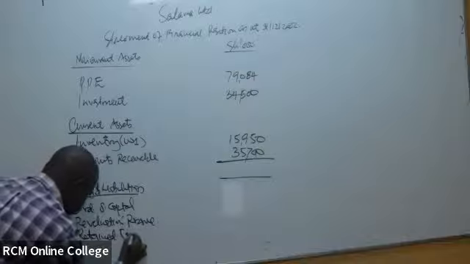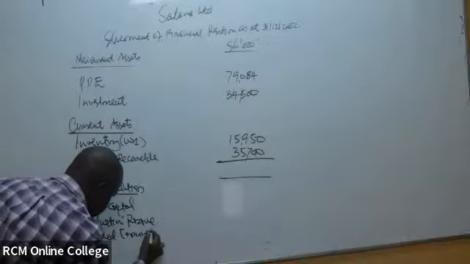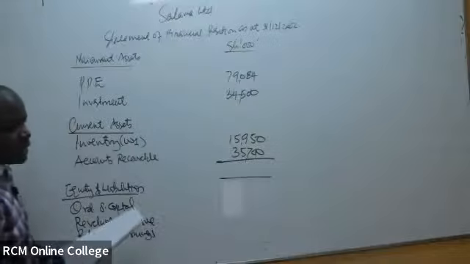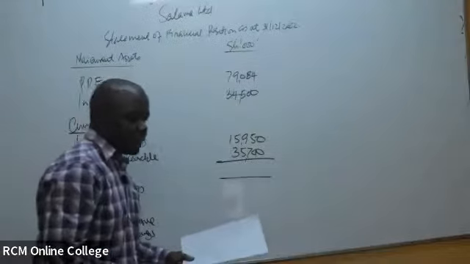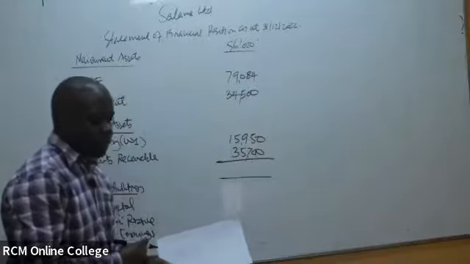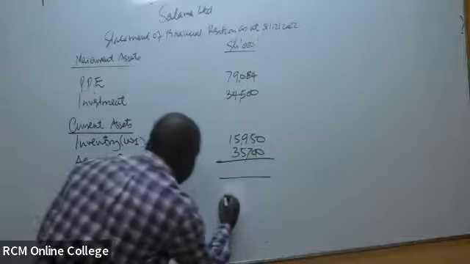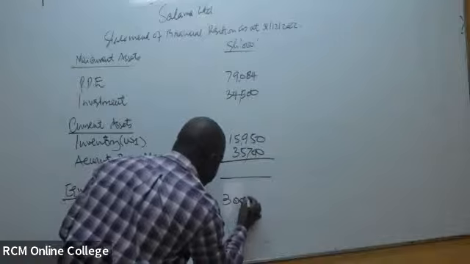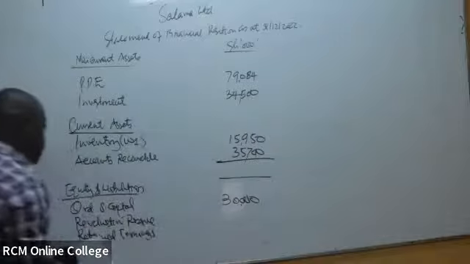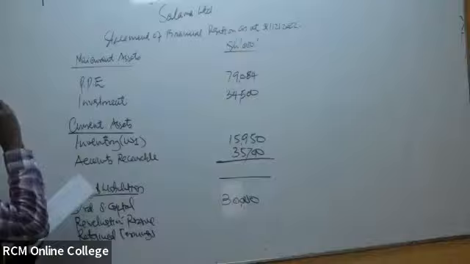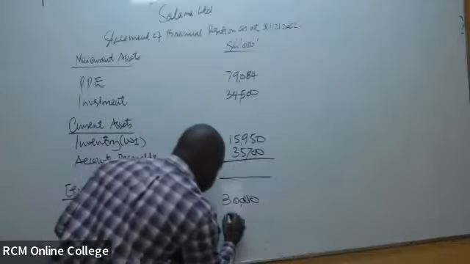For the ordinary share capital, what was the figure? Is it 30 million? It was 20 plus 10, 30 million. Revaluation reserve remains the same. There was no revaluation, so we remain at 3,400.